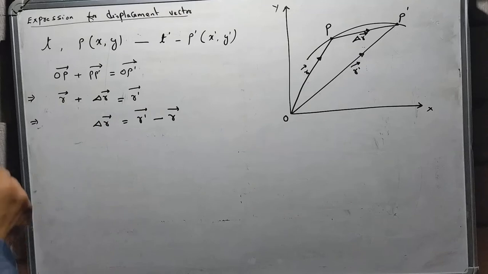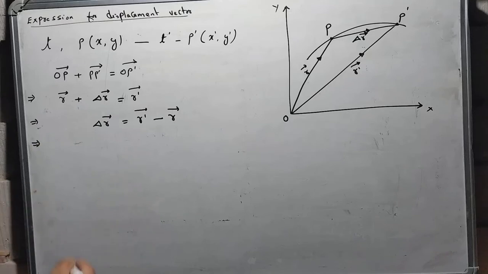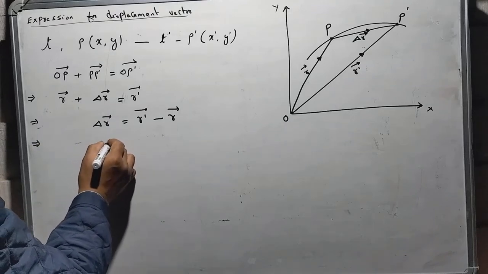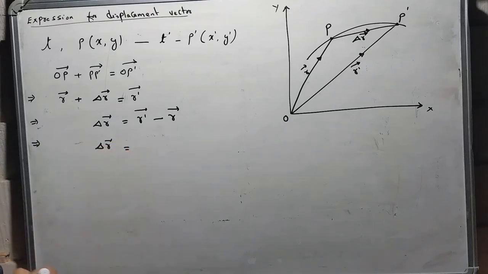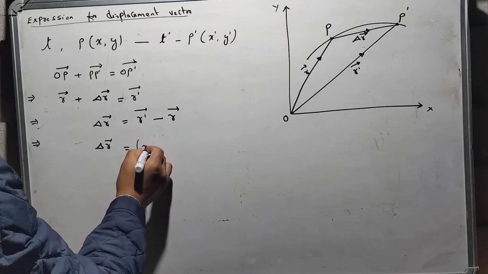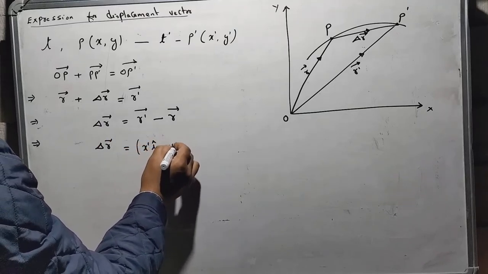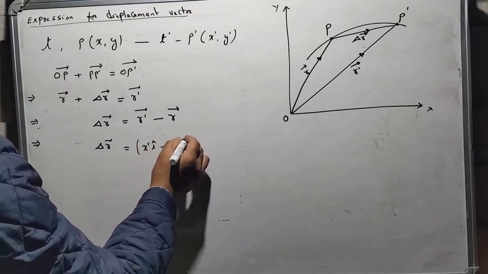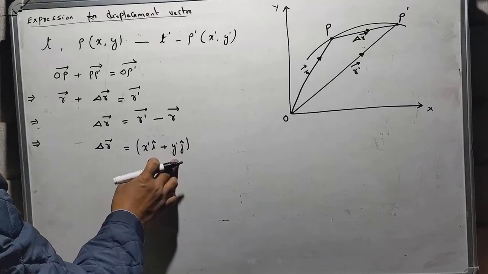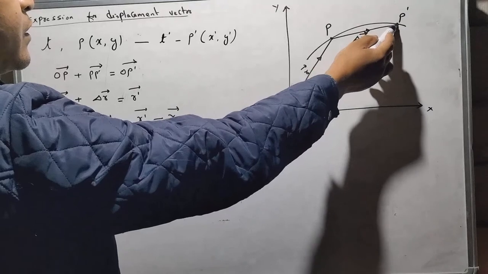If we further express these position vectors in terms of rectangular components, we can write delta R arrow is equal to, instead of R dash arrow, x dash i cap plus y dash j cap, because x dash and y dash correspond to the coordinates of the point P dash.